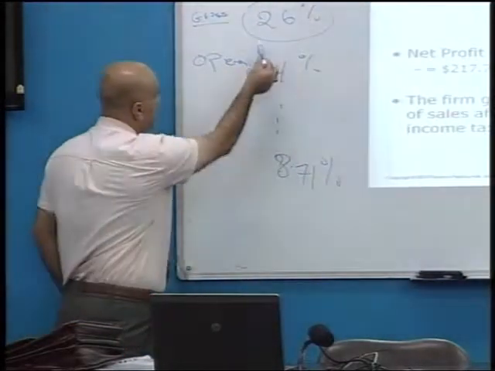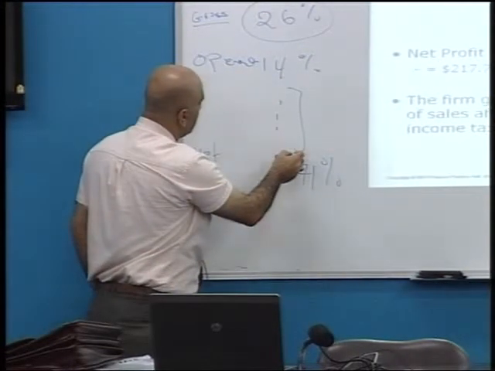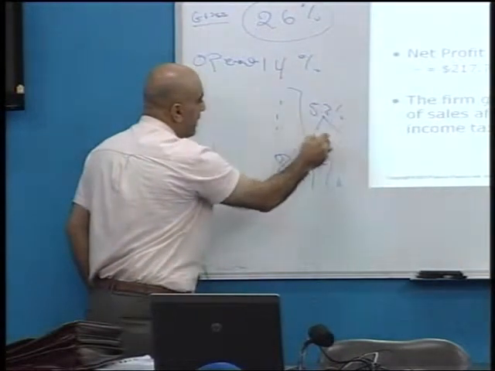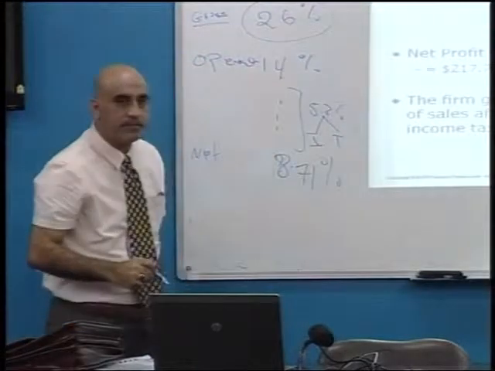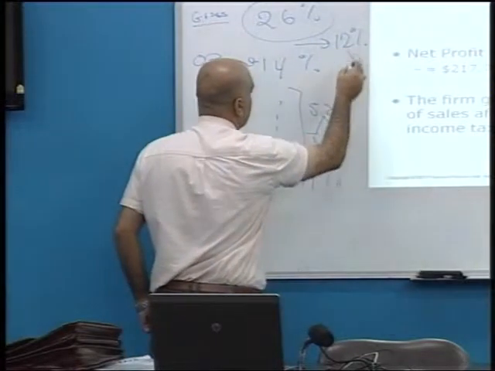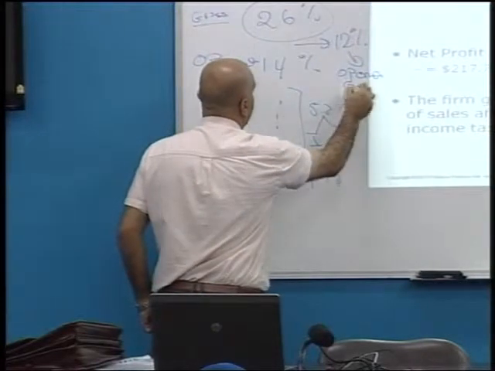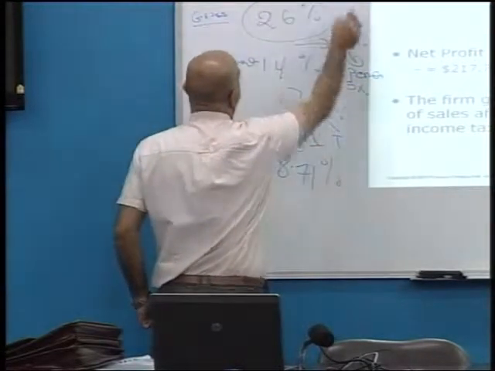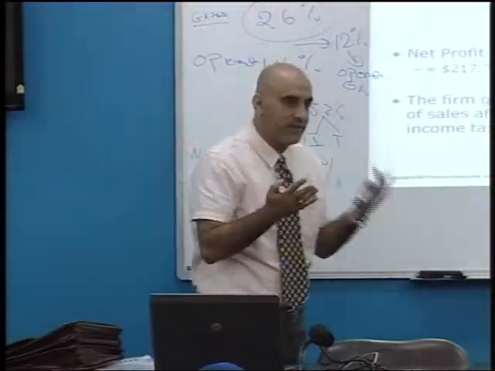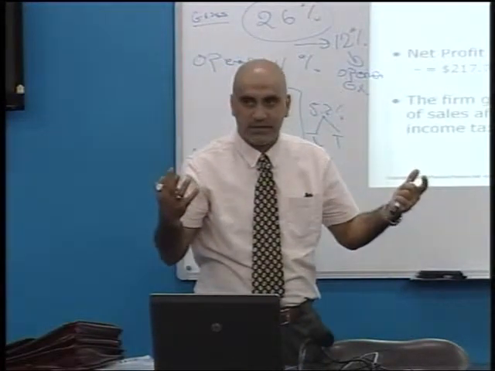You see, we have 26, we have 14, and then it costs us around 5.30% for interest and taxes. Here, 12% it costs for the operational expenses. And we have 74%, don't forget this, for the cost of goods. So we examine two things at the same time, the return and the cost.